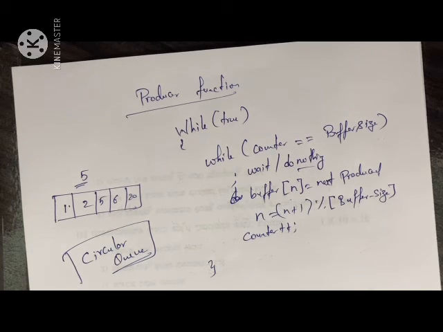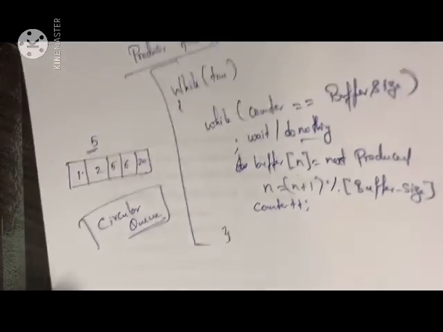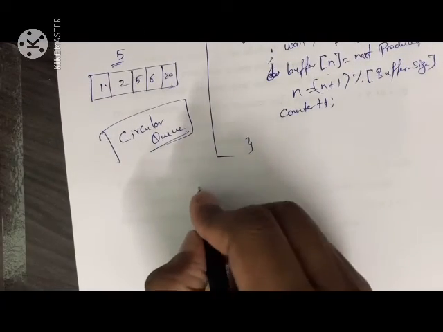In a circular queue, once an element is added, rear will be incremented, and once an element is deleted, front will be incremented. The same method we are following in the producer function. Similarly, when you write the consumer function, it is just the opposite.